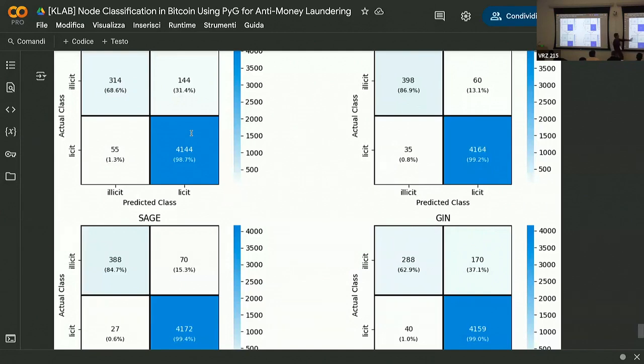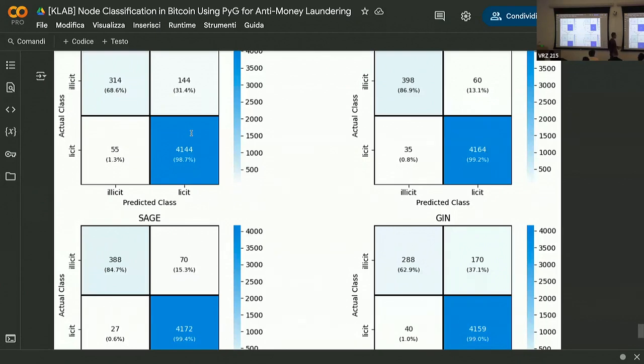As you can see, all the results for the licit nodes are very high because, obviously, considering the distribution of the data, it's easier to predict that this node is licit because it represents 80% of the data. But GraphSAGE can be taken into consideration in order to select which model we would like to use for this specific task. So that's the idea.